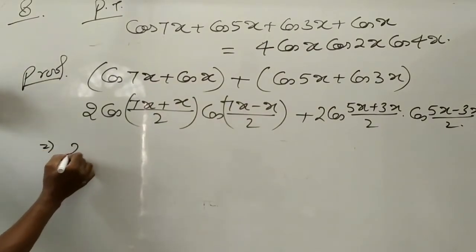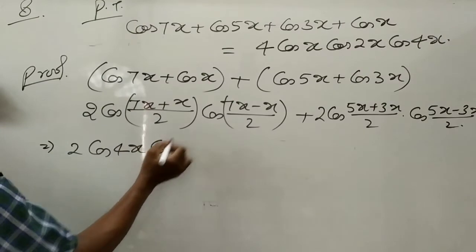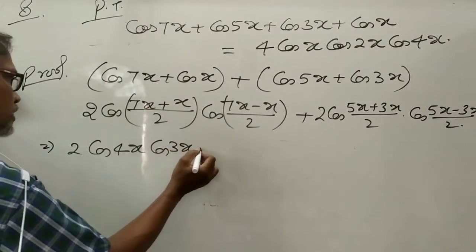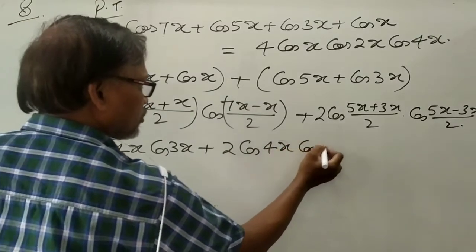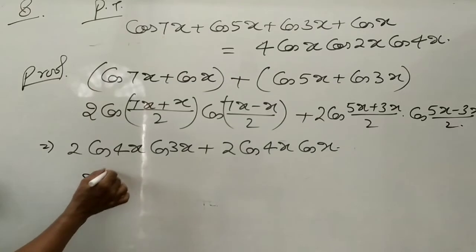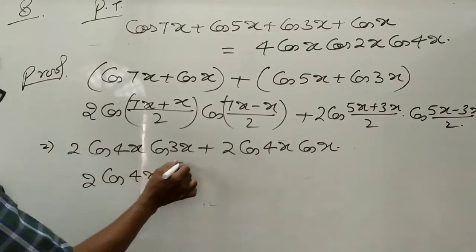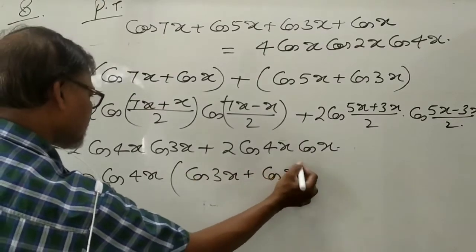Then you will have 2 cos 8x by 2 means 4x, cos 6x by 2 means 3x, 2 cos 4x and cos x. Anything is common? Yes, 2 cos 4x is common, तो cos 3x plus cos x.